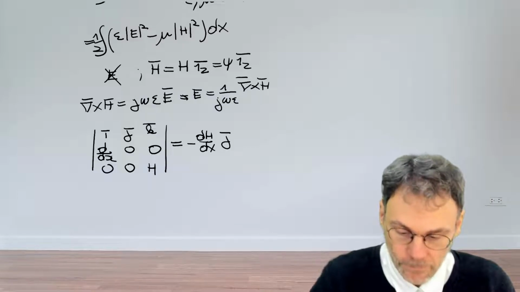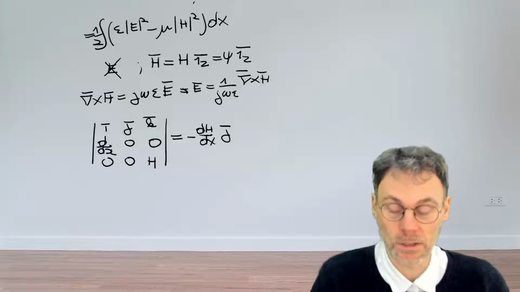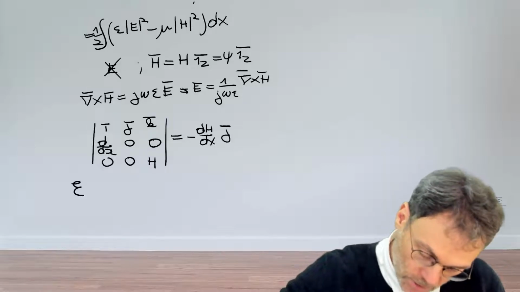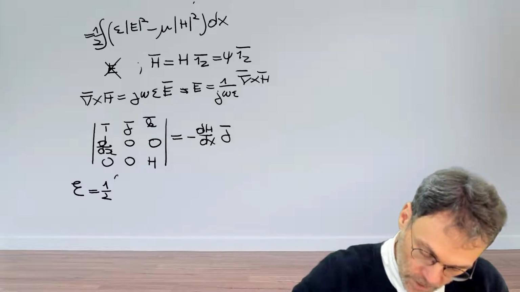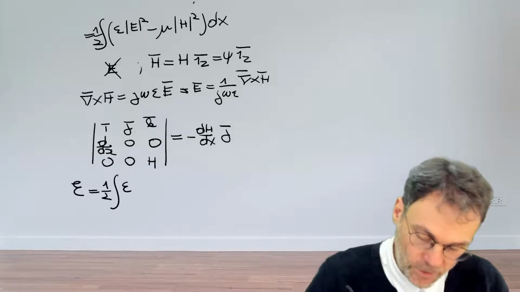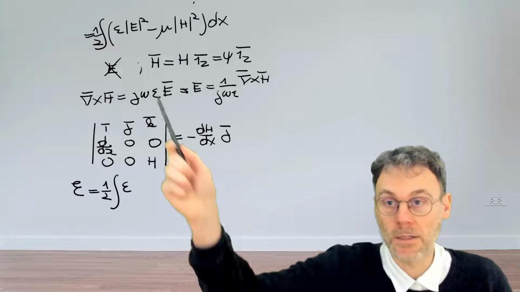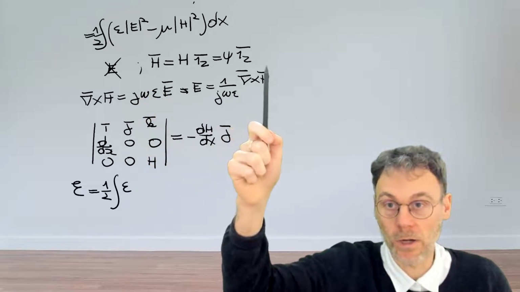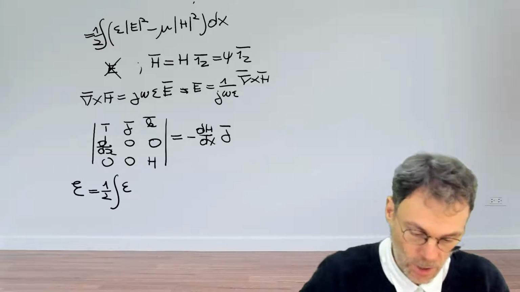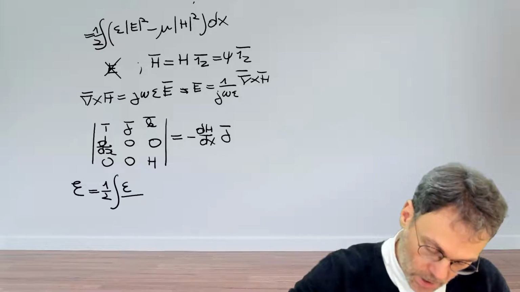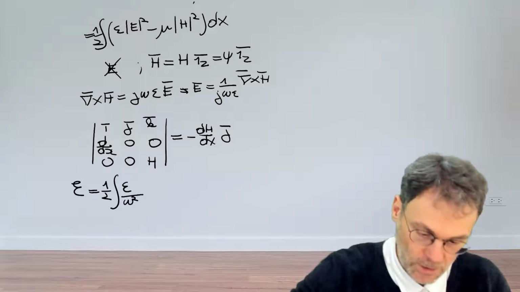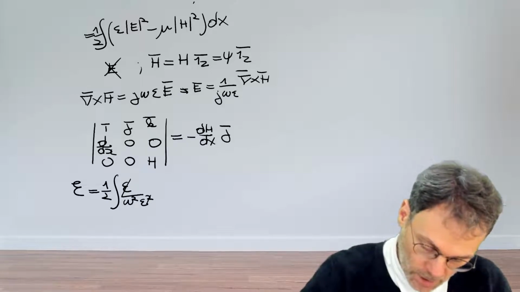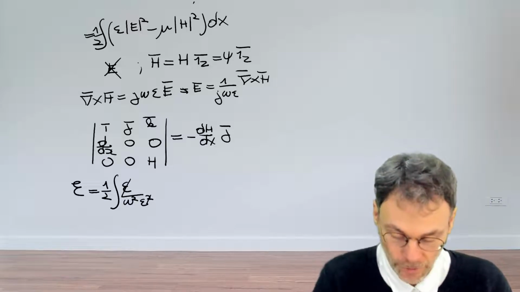Okay? So now that we have this, we can simplify the expression for the electromagnetic energy. The energy becomes 1/2 times the integral of epsilon times the magnitude squared of E. So that's the magnitude squared of this thing here. For the denominator, we have omega squared epsilon squared. Remember again, epsilon is a real valued number.